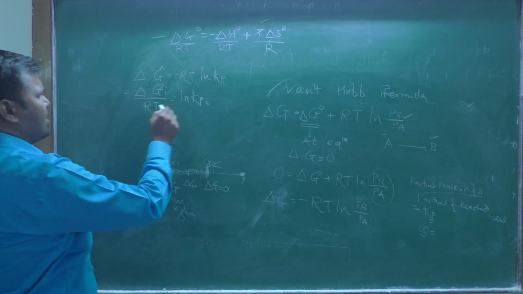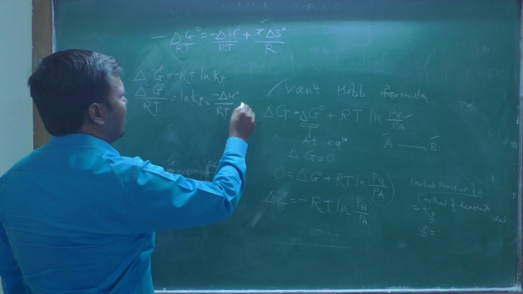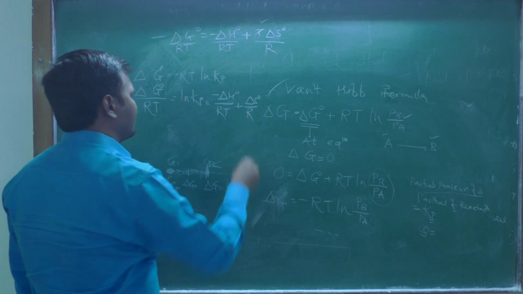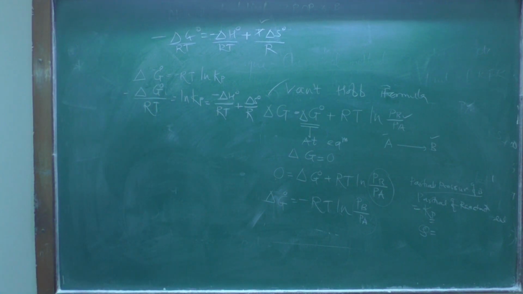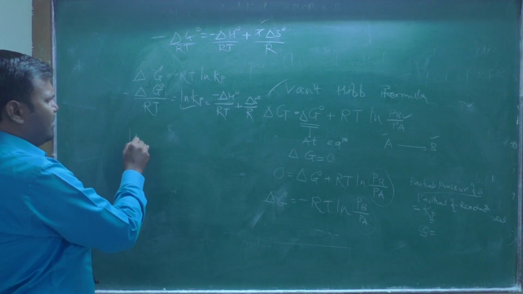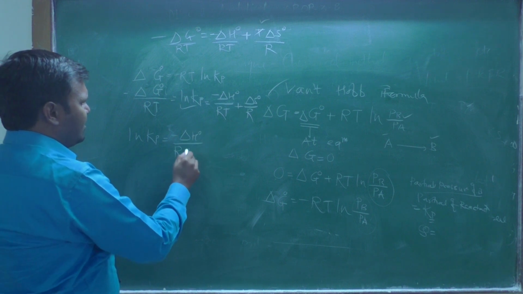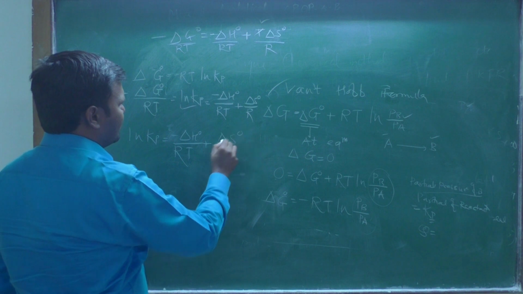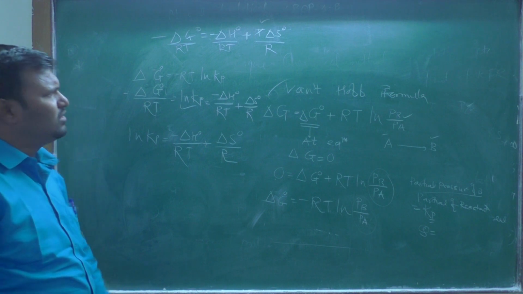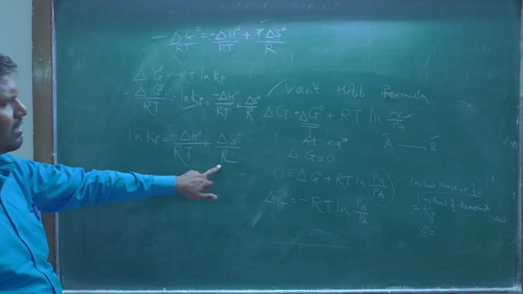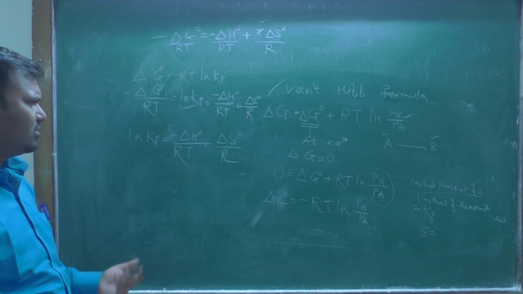Therefore, delta G naught upon RT is equal to minus delta H naught upon RT plus delta S naught upon R. This new equation is obtained. Then ln Kp is equal to minus delta H naught upon RT plus delta S naught upon R.